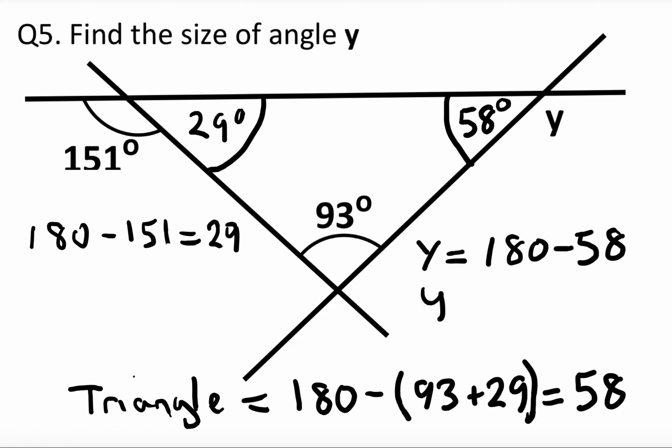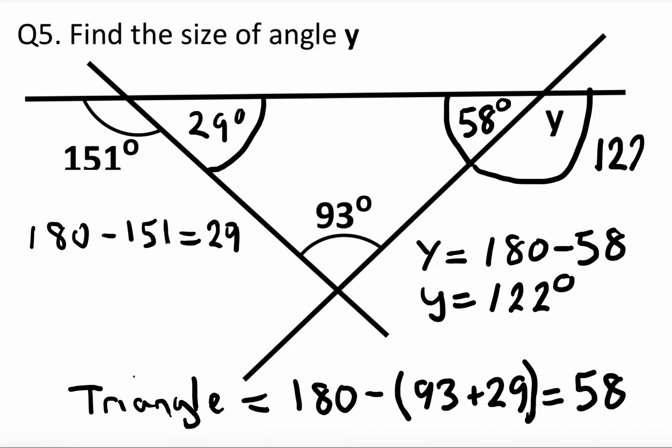So y equals, and the answer to y is going to be 122, and it's degrees, because we must put degrees in there. So let's draw a sort of a circle around there, and we'll put it on the 122, and there you are, some more marks for the exam.